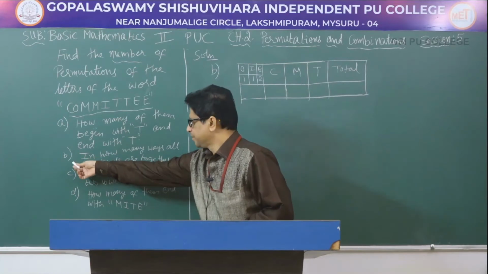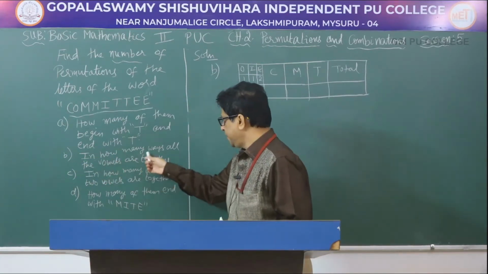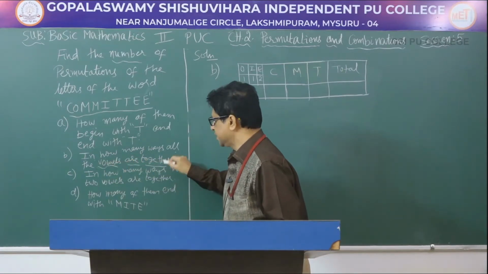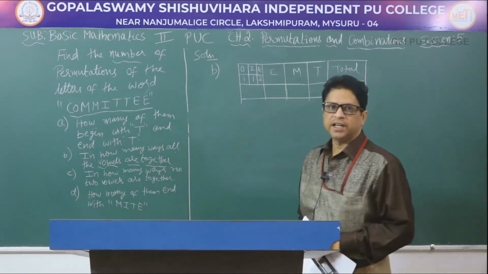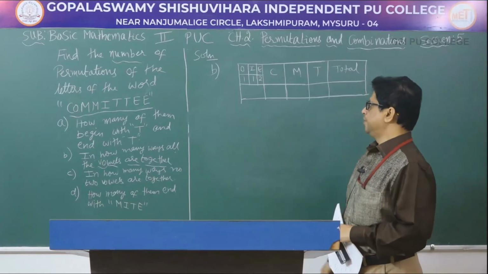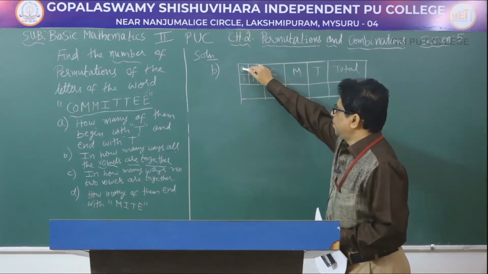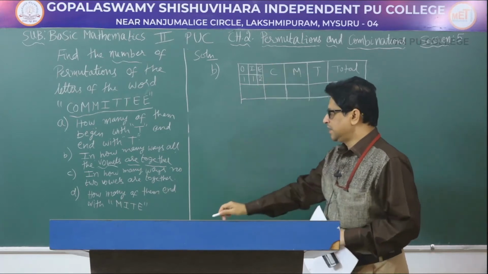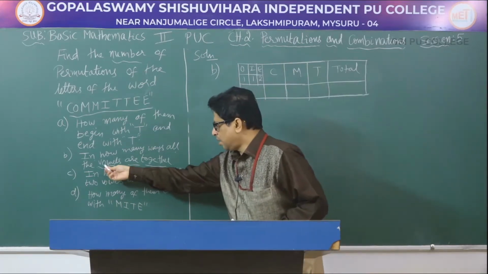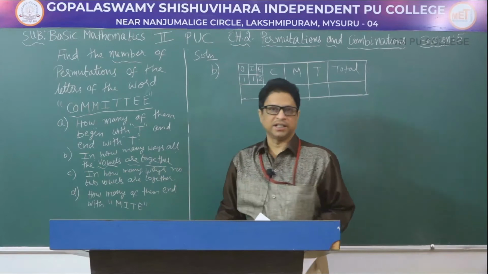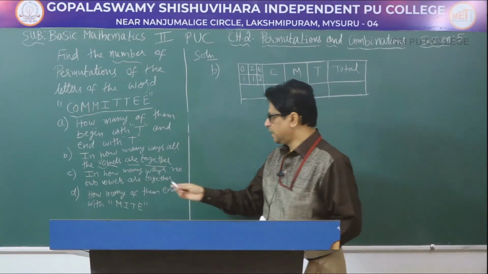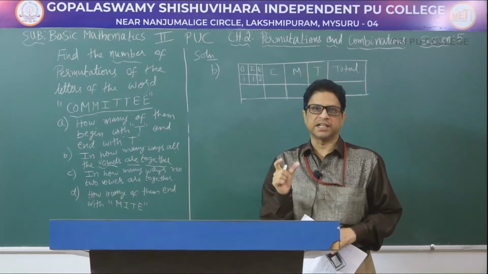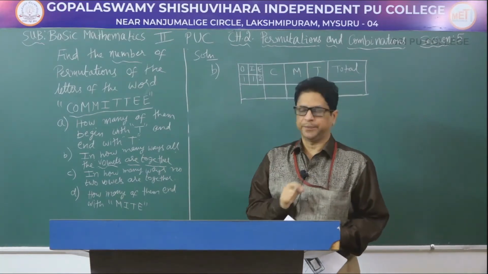Next, B, in how many ways are all the vowels together. So, here there are 4 vowels, that is 1 O, 1 I and 2 E's. They have told that all the vowels are together. So, when the word together comes, what we have to do is consider them as one unit.